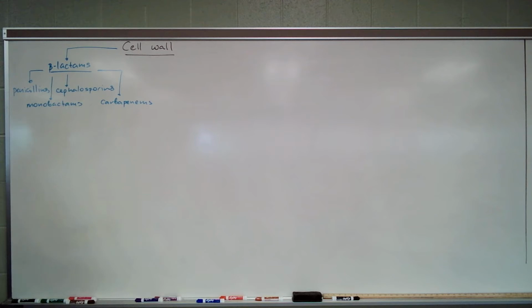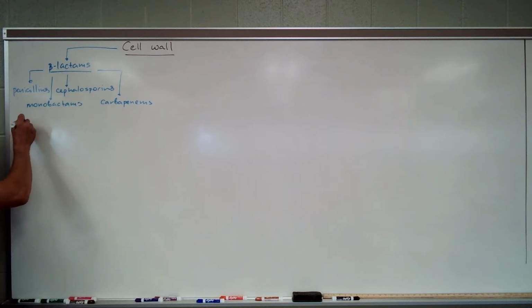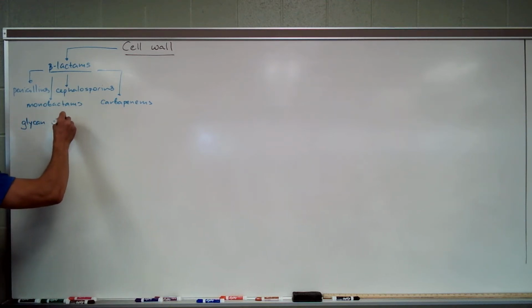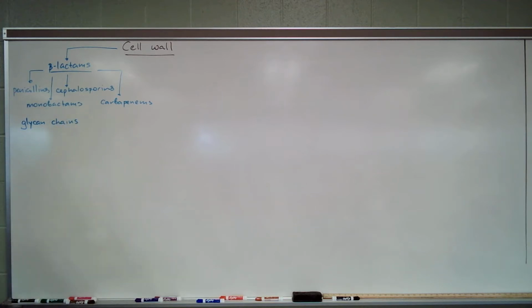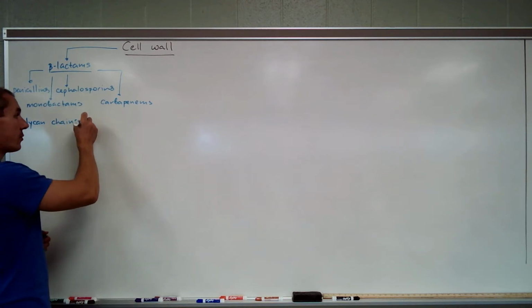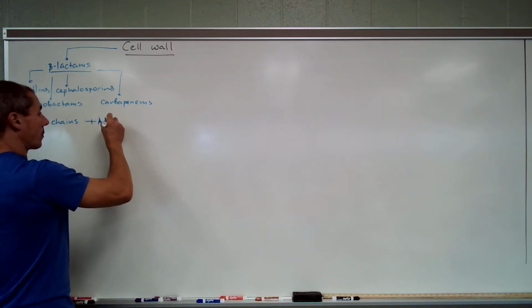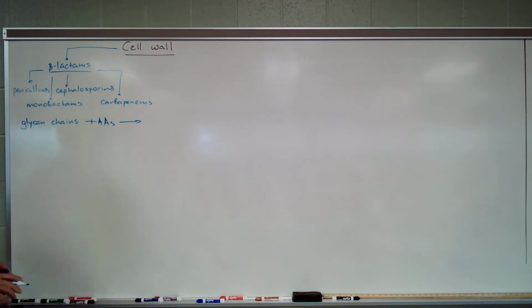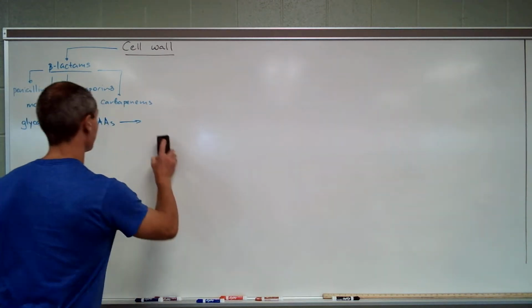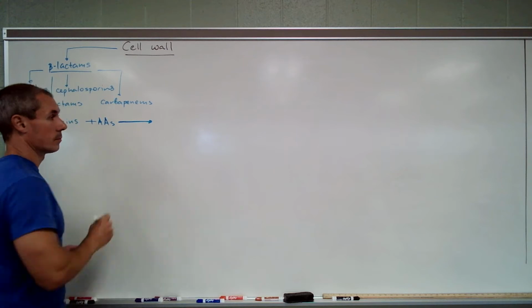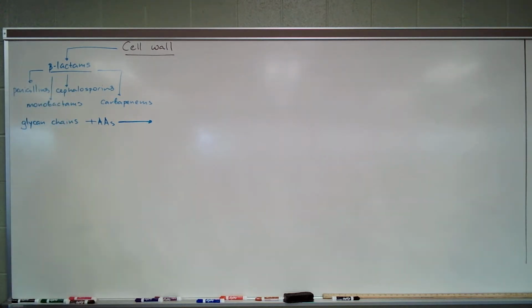So, remember the bacterial cell wall. You have glycan chains, remember glycan chains? They have to be connected to each other by the peptide linkages. Does that make sense?